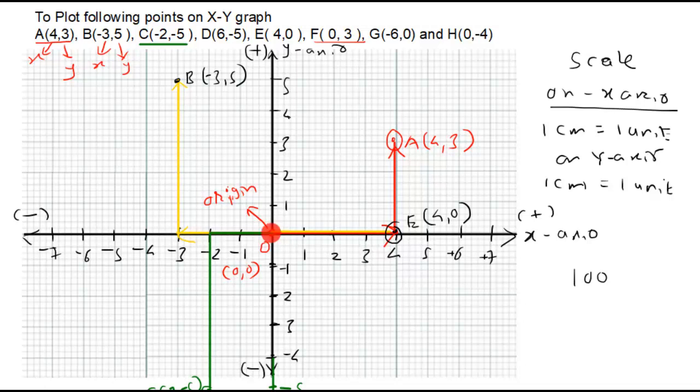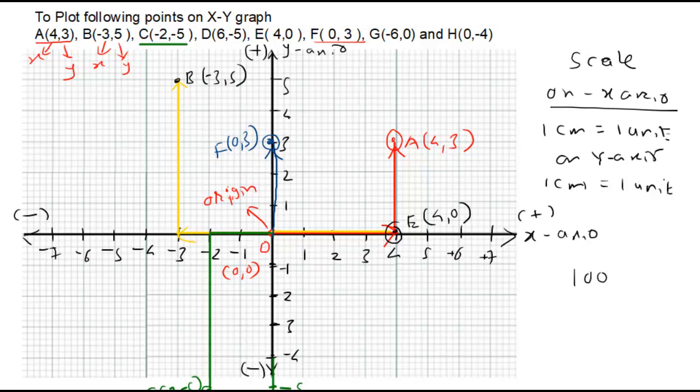So we'll start from here and we will go to here to locate 0, 3, that is F, 0, 3. This point is on the y-axis, exactly on the y-axis, and its x-coordinate is 0.